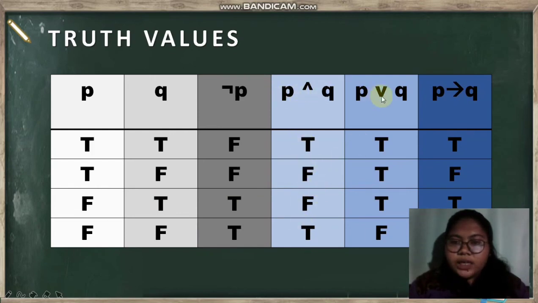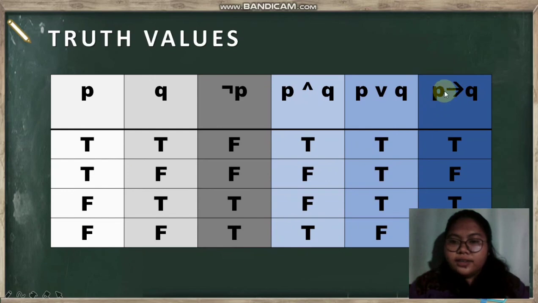Then P or Q. P or Q will be true when at least P or Q is true. So P or Q will be true when P and Q are true, P true and Q false, or P false and Q true. And P or Q will be false when P and Q are both false.